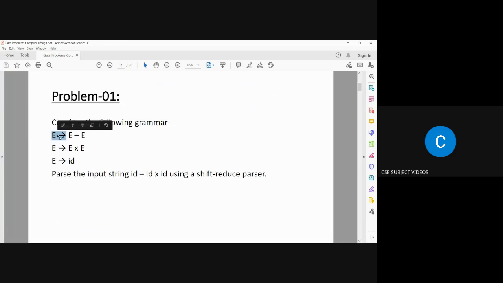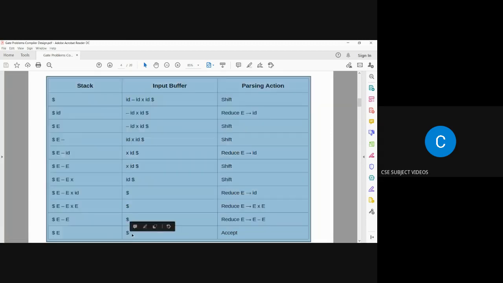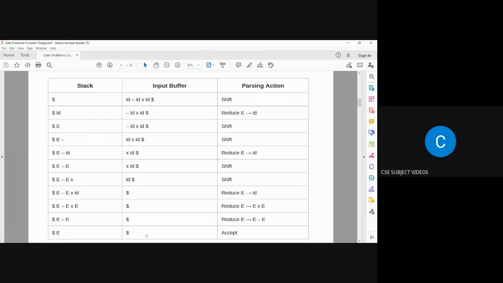So on top of the stack we have only the starting symbol, and in the input buffer we have only dollar. The input buffer having the dollar symbol means the whole input string is accepted by this shift-reduce parser. Accept, successfully parsed by the shift-reduce parser. With the starting symbol on top of the stack and the input buffer having only the dollar symbol, the given input string is parsed successfully by the shift-reduce parser.